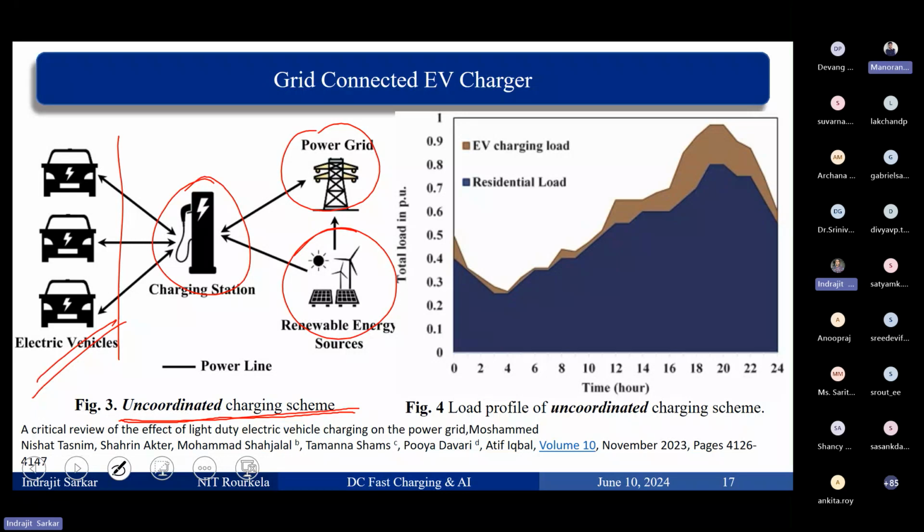Previously there were five regions, east, west, north, south, and northeast, with connections between these regions through HVDC. Now the entire India grid is one grid, so you never know from where the power is coming. If you are sitting in Rourkela, it might happen that the power is coming from Kolkata, you never know.